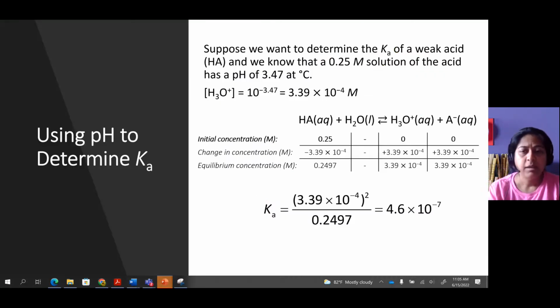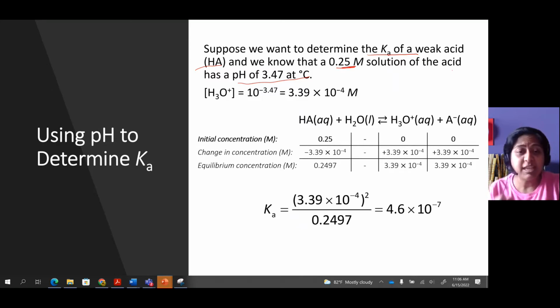Now let's see how we can use the pH value of a solution to calculate the Ka, the acid constant, for a weak acid. Look at this problem. Determine the Ka of a weak acid, HA, where the initial concentration of the acid is 0.25 and the pH of the solution was given as 3.47. We can't do anything with the pH value directly, so what should we do?